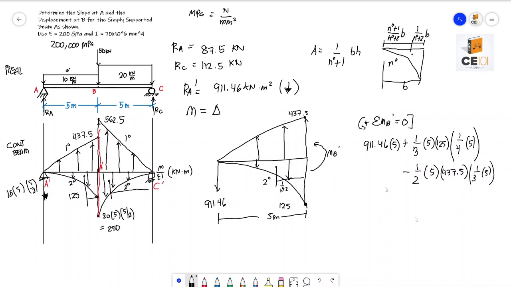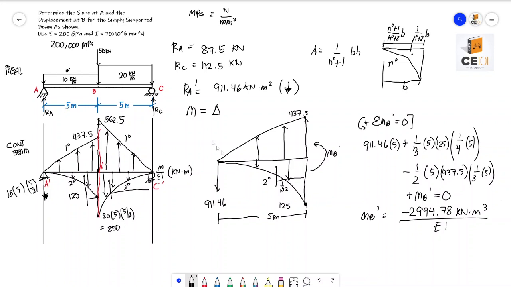So plus natin yung MB prime para makuha na natin yung MB prime. So MB prime will be equal to negative 2,994.78 kilonewton meter cube over EI.